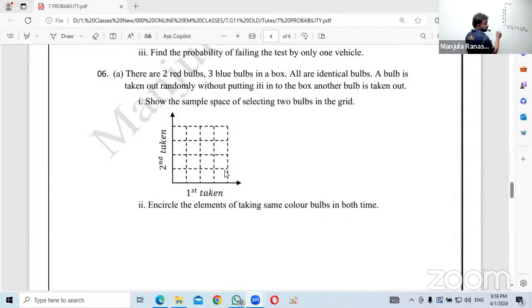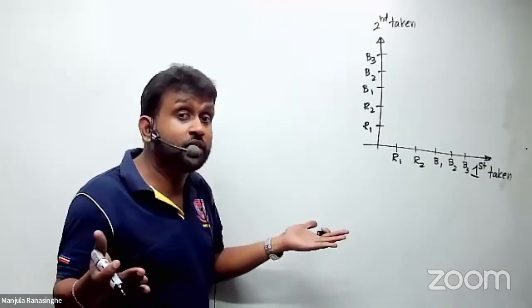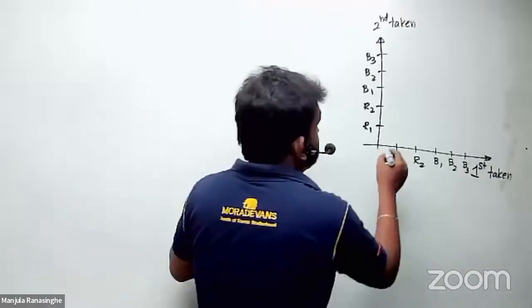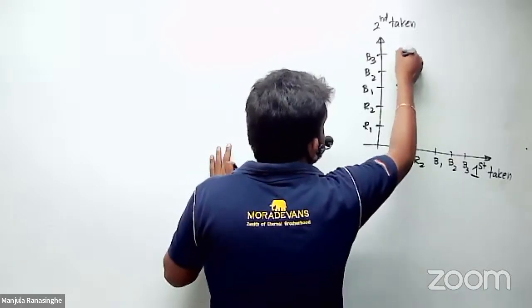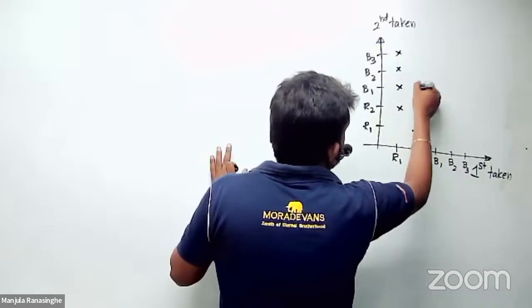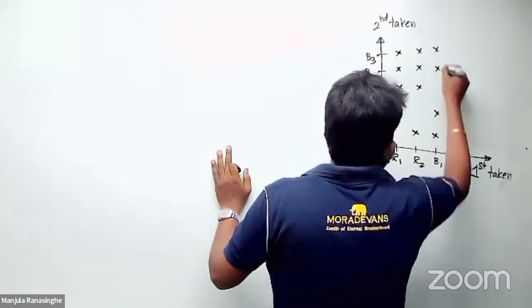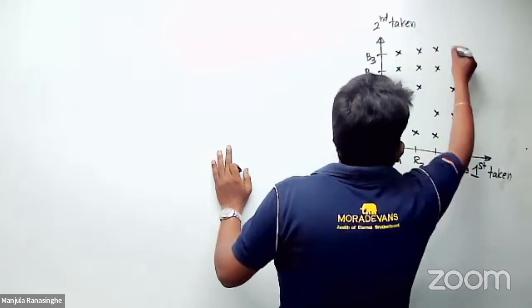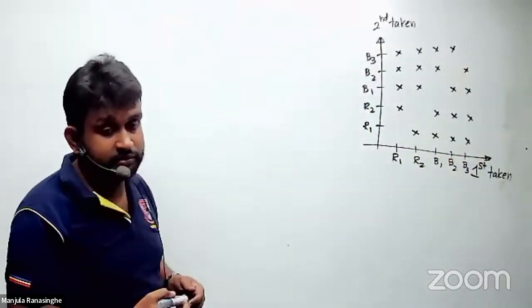The first bulb is taken out and not put back, and then the second one is taken. If R1 is taken, R1 is not available for the second incident because it is not put back, so the others are there. So the diagonal is blank. R2 taken, R2 not available. B1 taken, B1 is not there. B2 taken, B2 not there. B3 taken, B3 not there. That is the incident.